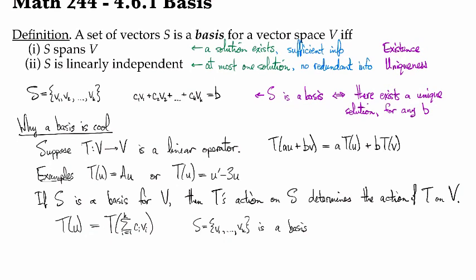Being a basis means that I can do this step right here, and that I know that this way of representing u is unique. There's only one way to do it.